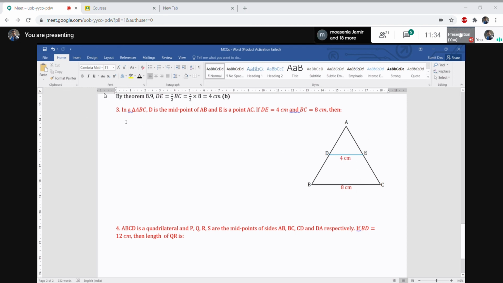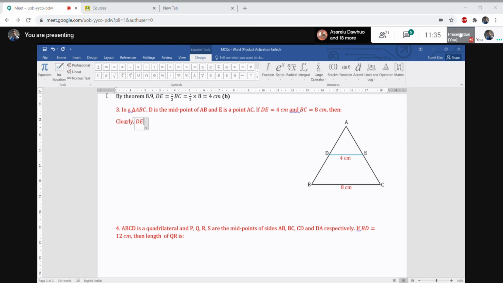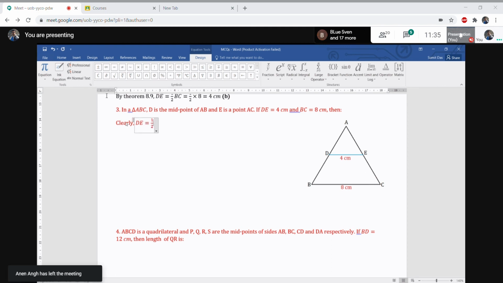So clearly DE is equal to half of BC, right? Because DE is 4 and BC is 8.